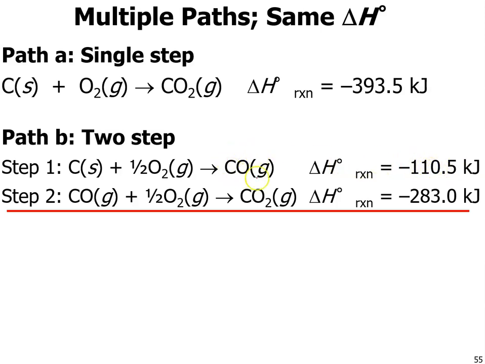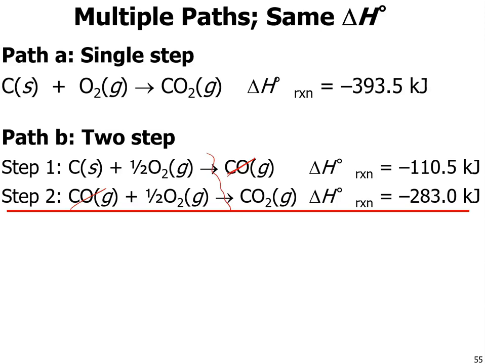The next step, we're going to take this carbon monoxide right here as a new reactant. We're going to react it with another half a mole of oxygen gas, and then that's going to form carbon dioxide, and then we release 283 kilojoules of energy. So I can add these different reactions together. I can basically take the things on both sides of the arrow here, and if they're the same, we can cancel them out.